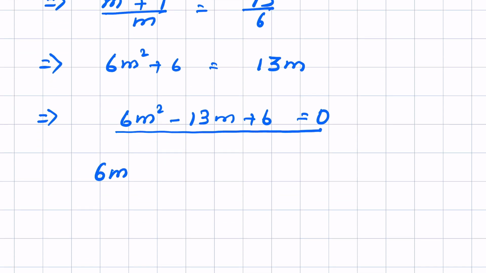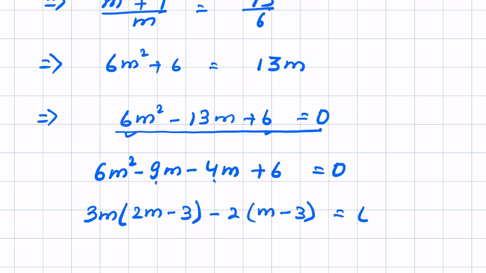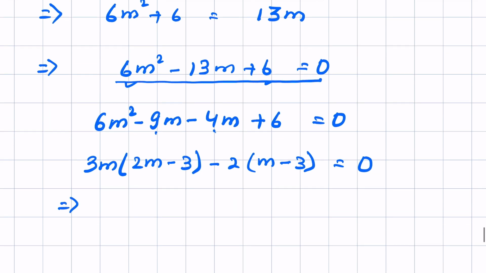So 6m square, 13m we can write as minus 9m minus 4m, and 9 times 4 will be 36 and 6 times 6 is 36, plus 6 is equal to 0. Now taking 3m common, we get (3m minus 2) and (2m minus 3) is equal to 0.